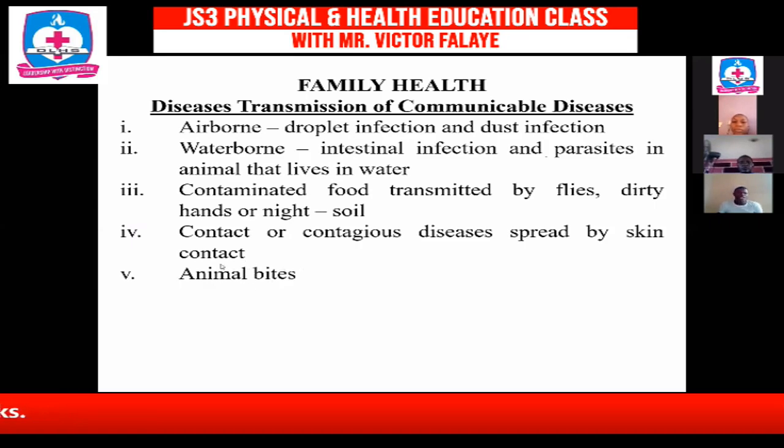Good. The last aspect on this slide is animal bites. What are those kinds of animal bites that can lead to disease? Yes, eczema. Again, we're talking about contact with skin. Eczema is mentioned. Now, rabies, Sumeze is also making mention of rabies.